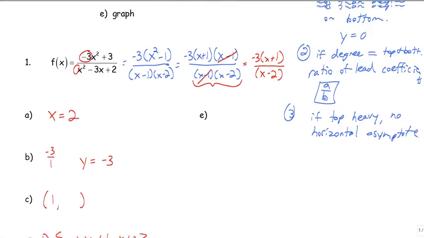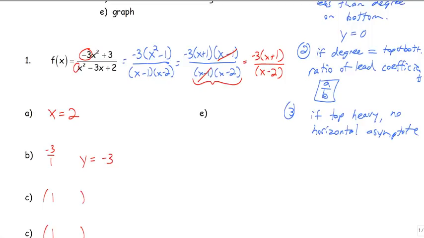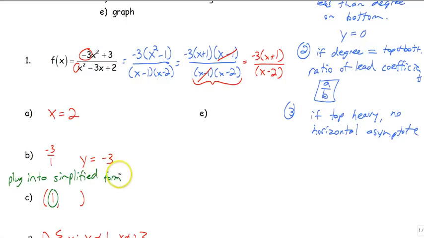Okay? Now, to find the second coordinate of the hole, you do not just pick a number. You don't say 1, 0. You have to plug in this x value into the simplified form. So for holes, plug into the simplified form, which is over here.